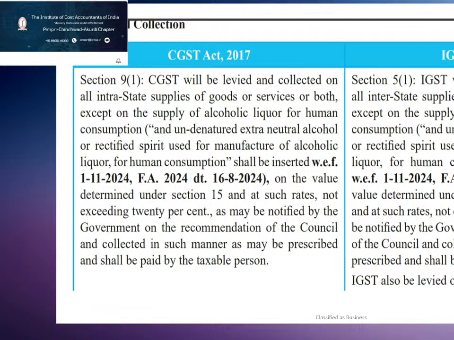So now we'll go back to entry number 13. The renting of precincts of a religious place meant for general public, owned or managed by an entity registered as a charitable or religious trust, or a trust of an institution registered under section 10 subsection 23C of the said Act.